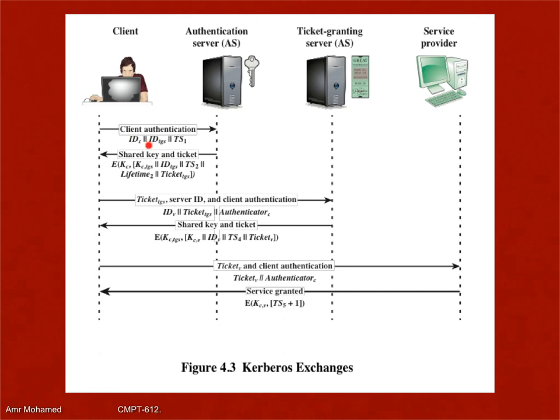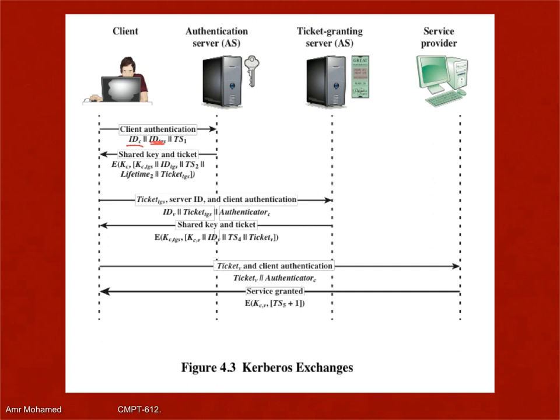This request is to say, I want to communicate with the ticket granting server. And you identify yourself by the ID only. You send only your username. You don't send your password in any way.